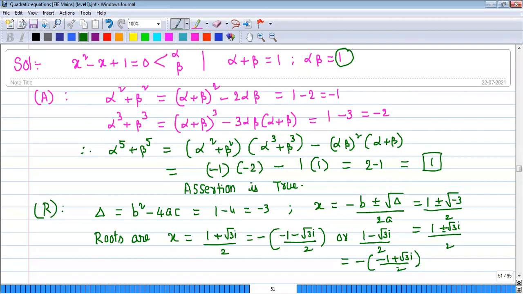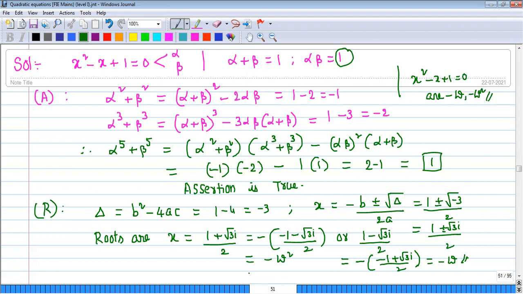See, this is omega and this is omega square. So this will be minus omega square and this will be minus omega. That means the roots of x square minus x plus 1 equals 0 are minus omega and minus omega square.